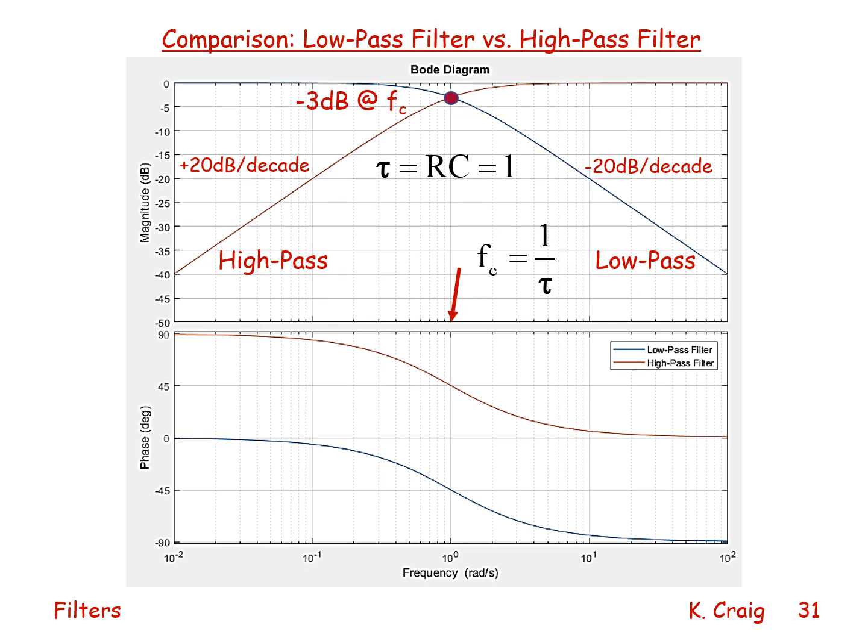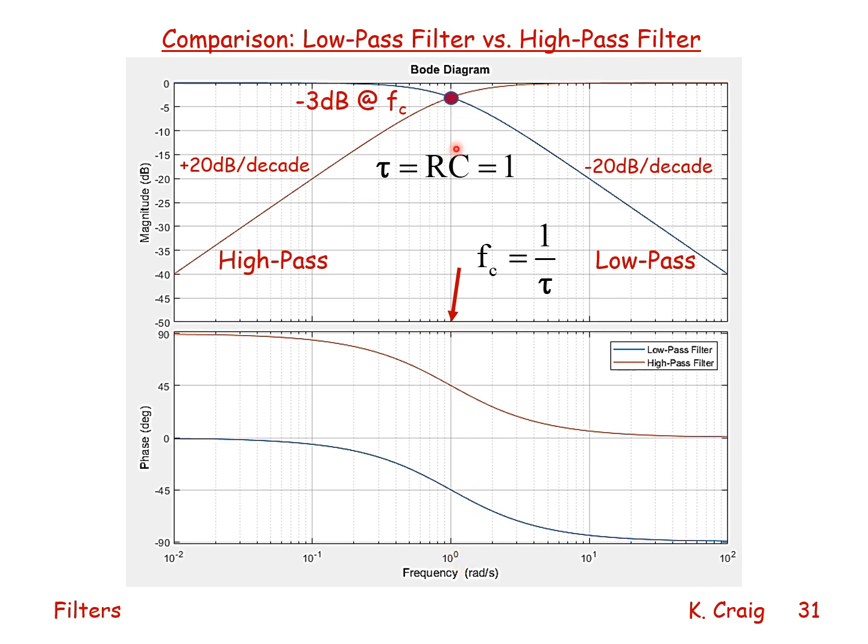If I now compare a low pass filter to a high pass filter, and I pick tau, which is RC for both, to be 1, which means that 1 over tau is the breakpoint, the low pass filter drops minus 3 dB from the low frequency value of 0 dB at the breakpoint. And the high pass filter gets to minus 3 dB from the high frequency value of 0 dB at the breakpoint, which is 1 over tau, which is 1.